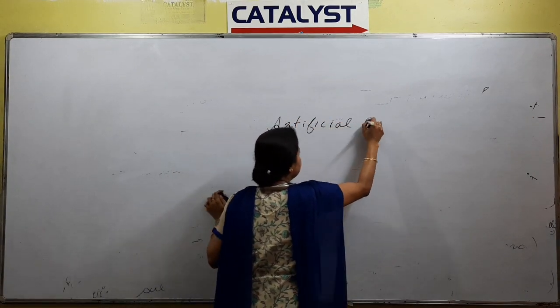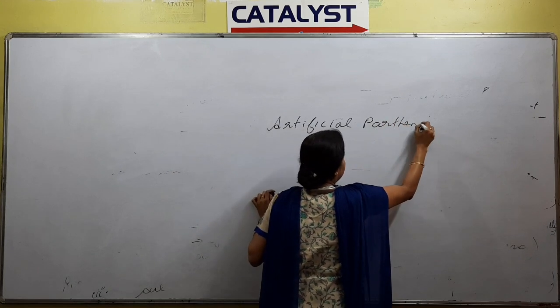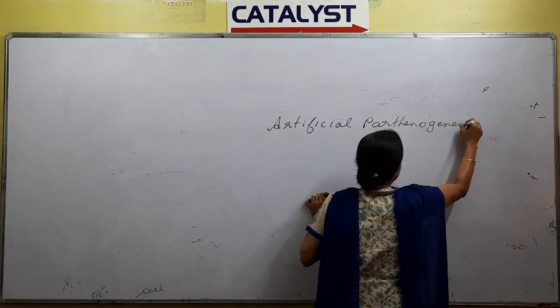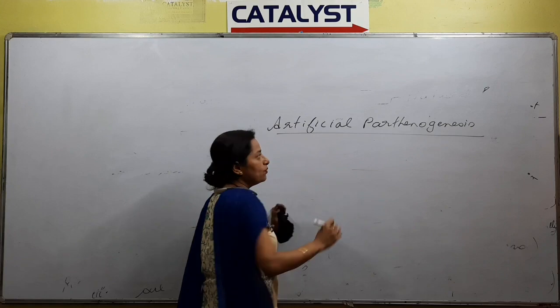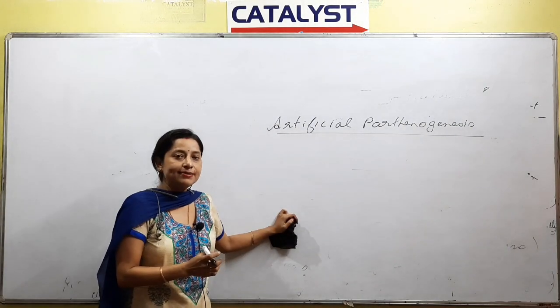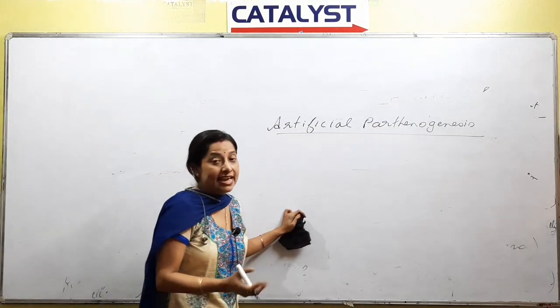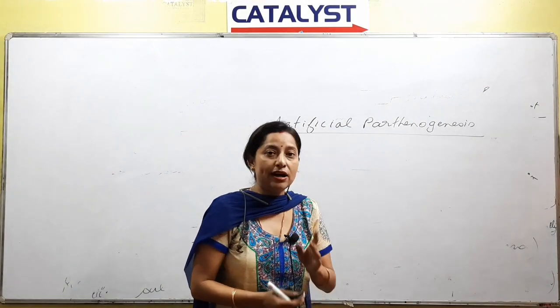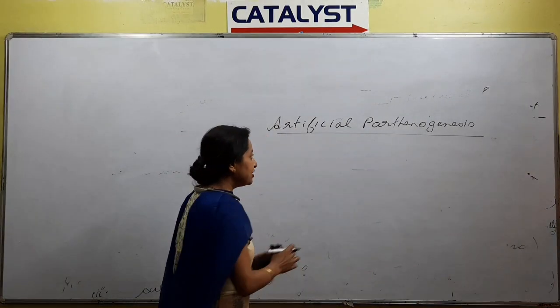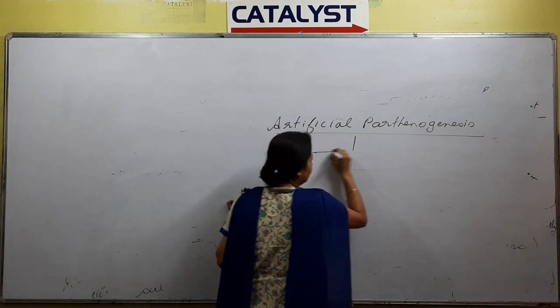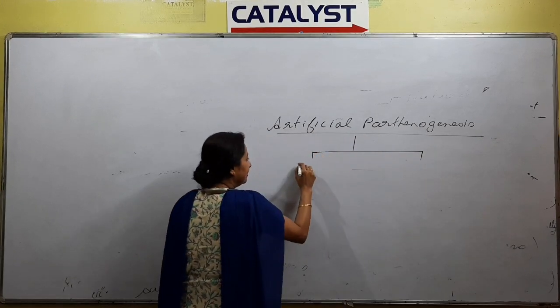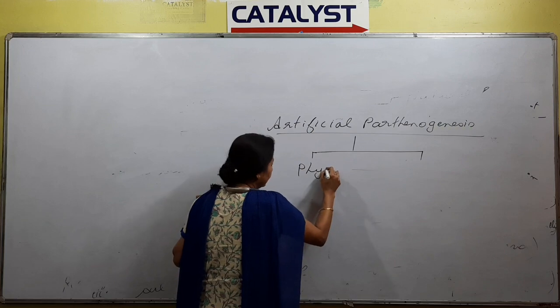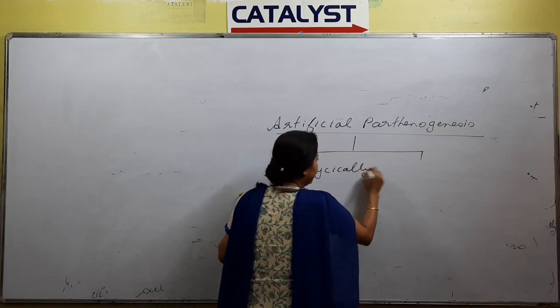Now we are talking about artificial parthenogenesis. If you are talking about artificial parthenogenesis, we induce the organism to reproduce parthenogenetically, without fertilization. Artificial means man made. How can we do it? Either it can be done physically or it can be done with the help of chemicals.